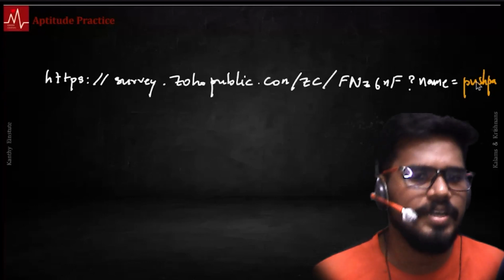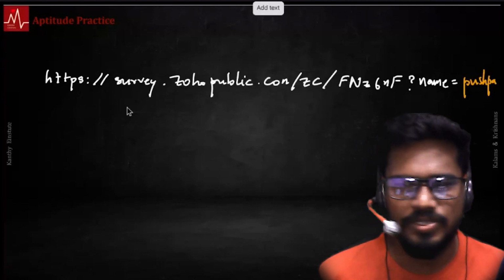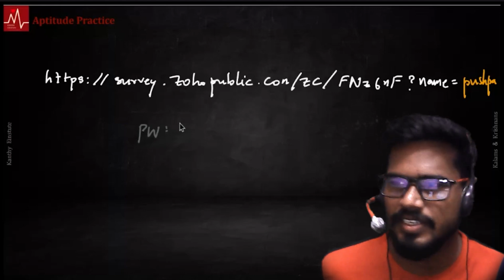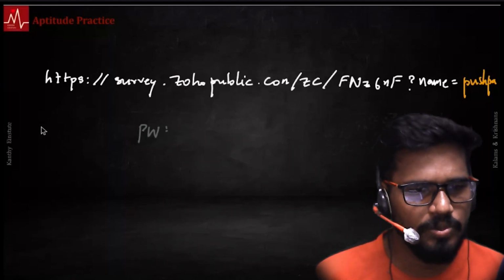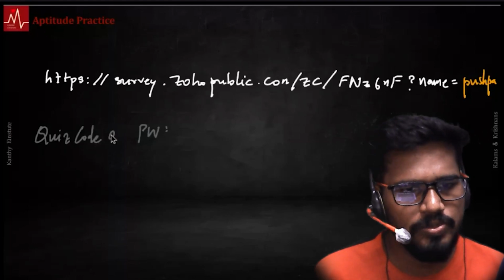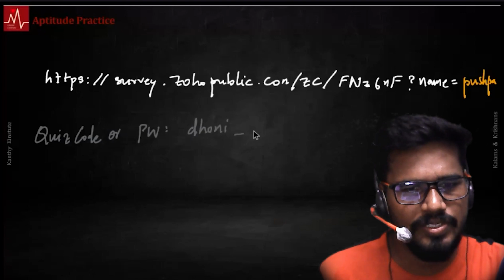If you append it and press enter, it should ask you for a password. Wherever you got this link from should also have this quiz code or password, typically Dhoni something.